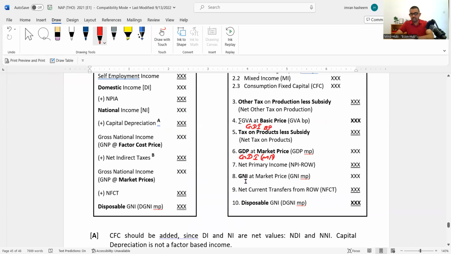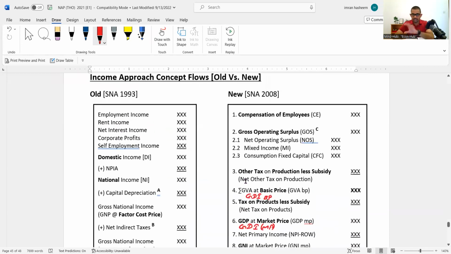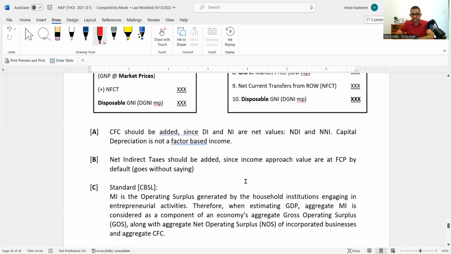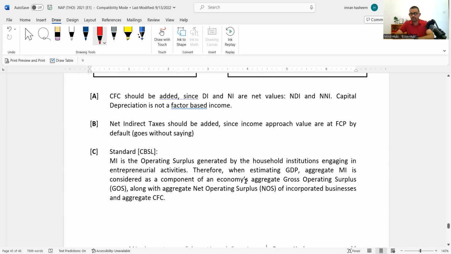So there you don't see much difference, but in the main income sources is where you see the difference between the previous system and the new system. I've explained a few things. Again, this part is important, right? This is where we say gross operating surplus is a combination of 3 things: net operating surplus, mixed income, and yes, consumption of fixed capital.